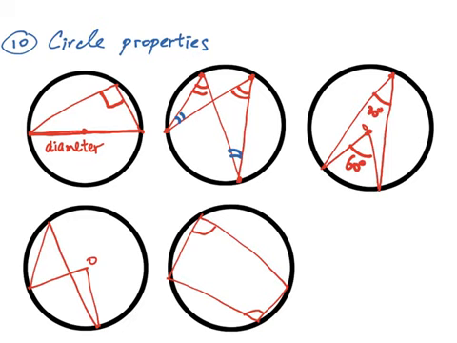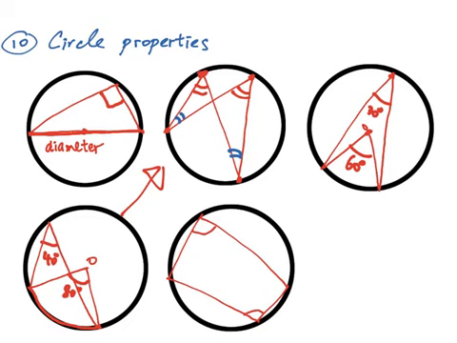Next, similar, it is about the relationship between the center and the circumference. This arc length points to the center and to the circumference. For example, if it is 80 degrees, then this one is 40 degrees. So don't mix up with this one.